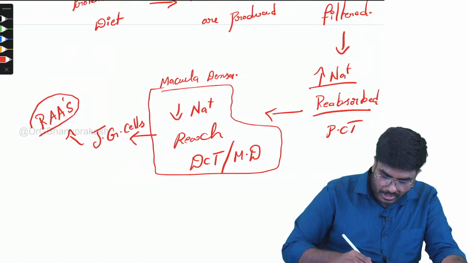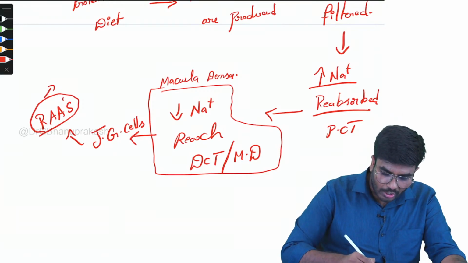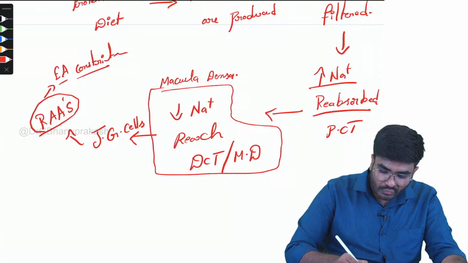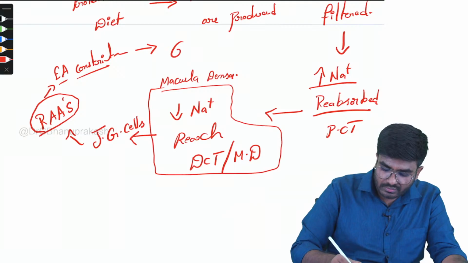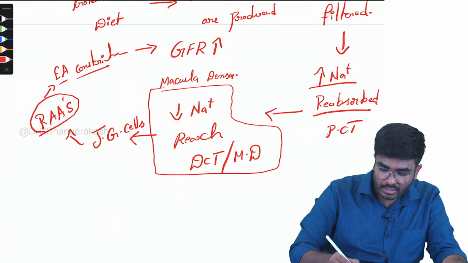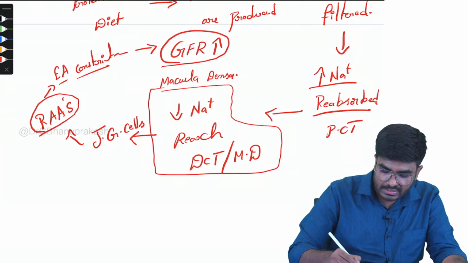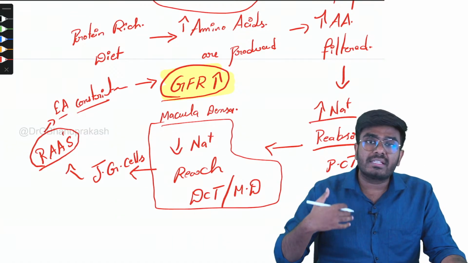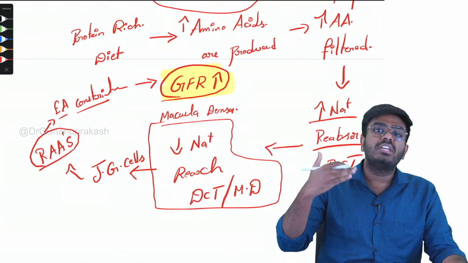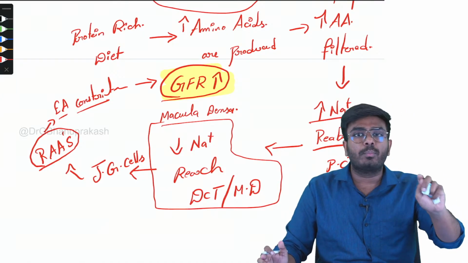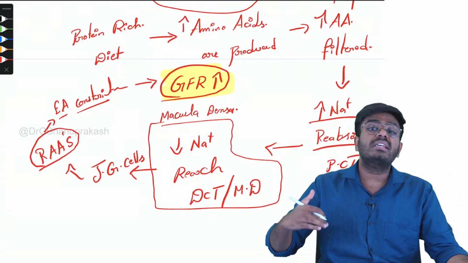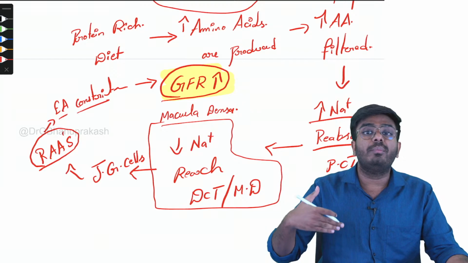Whenever the RAS pathway is activated, we all know that efferent arterioles are constricted. Efferent arteriolar constriction will increase the GFR. So the GFR of the person who has consumed a lot of protein increases. In a single line, if a person is taking a high protein diet, the person's glomerular filtration rate will be increased.